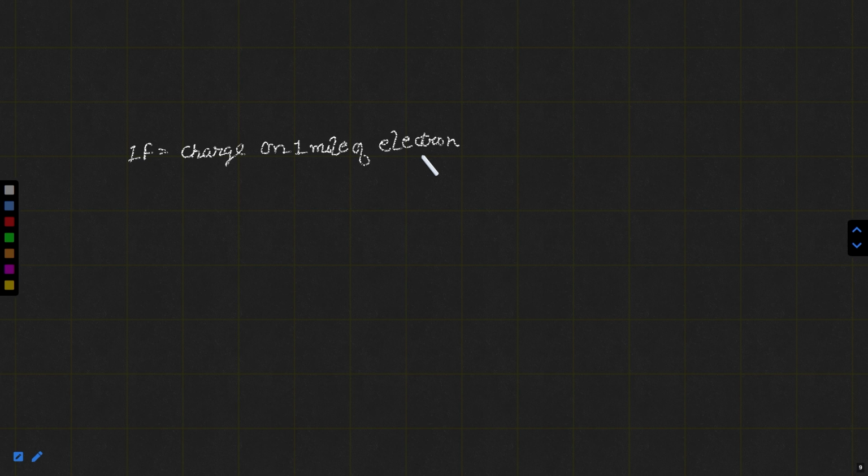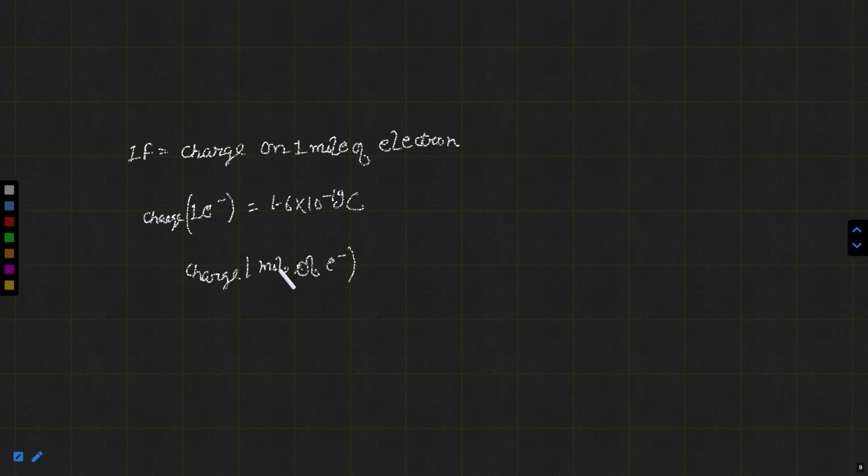So how can we calculate it? Very easy to do. What is the charge on 1 electron? The charge of 1 electron is 1.6 into 10 to the power minus 19 coulomb. Then what is the charge on 1 mole of electrons?